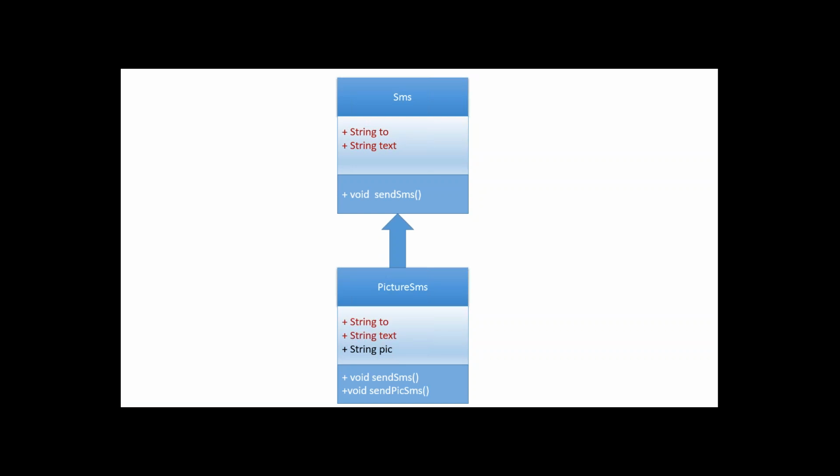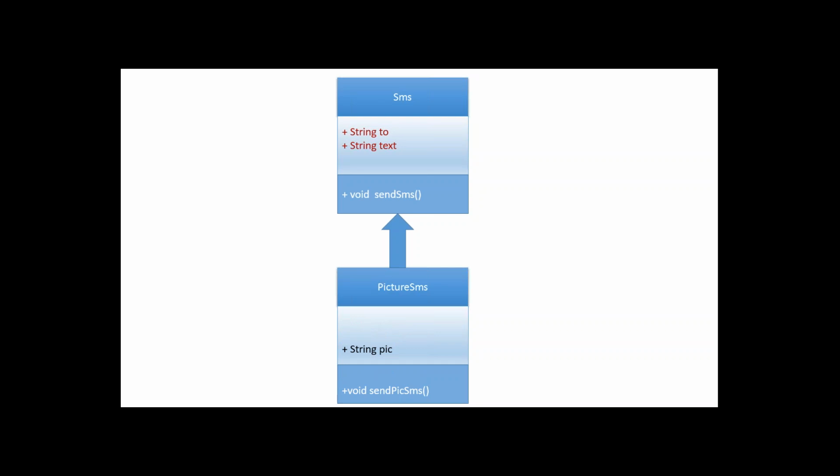We are removing the duplicate code that we have written. Rather than writing the code again, we are inheriting it from the base class. That is, in your picture SMS class, you will be using the features of the SMS class.